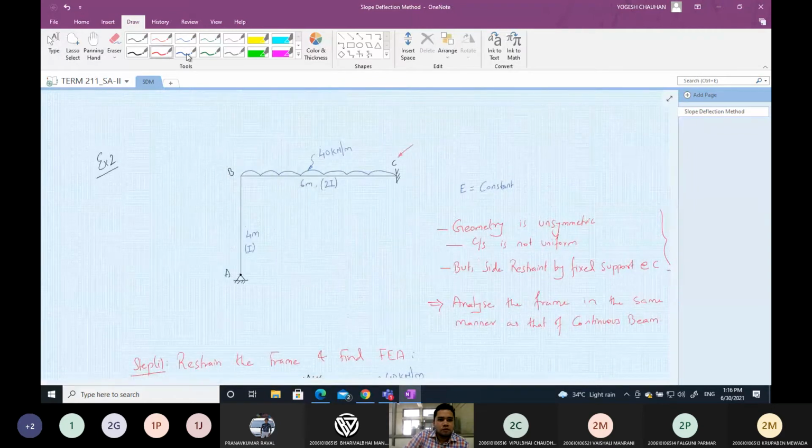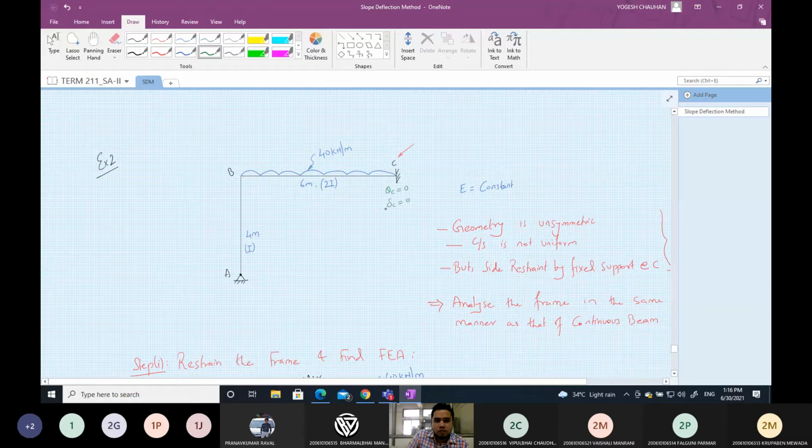Now since this is a fixed support, here theta C will be 0 and delta C is also 0. Okay.